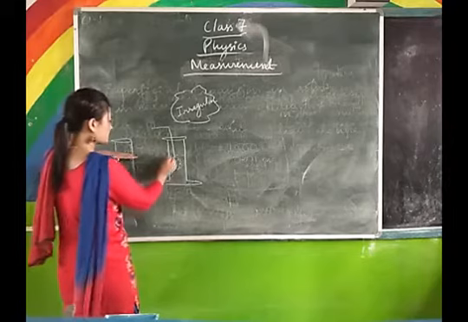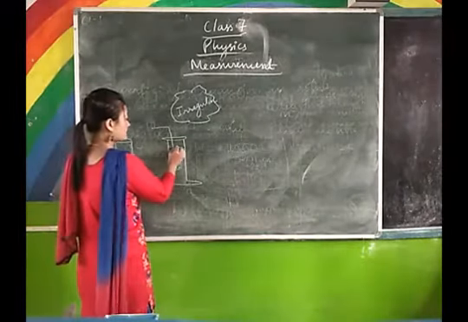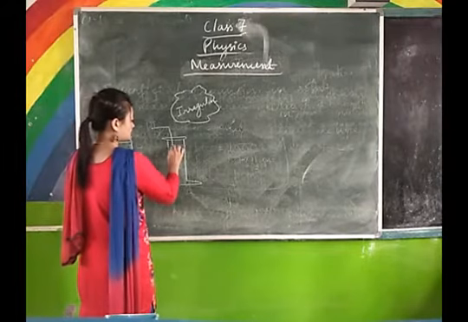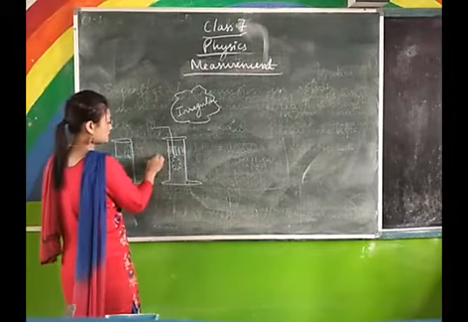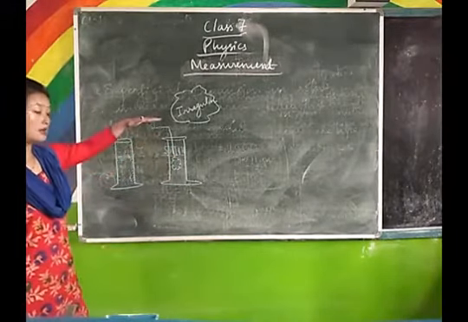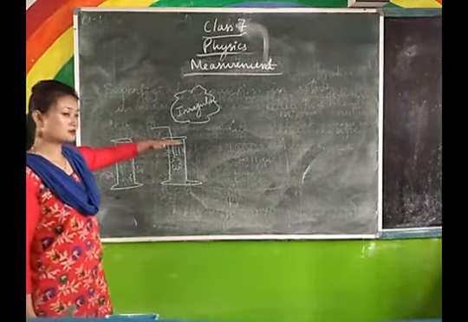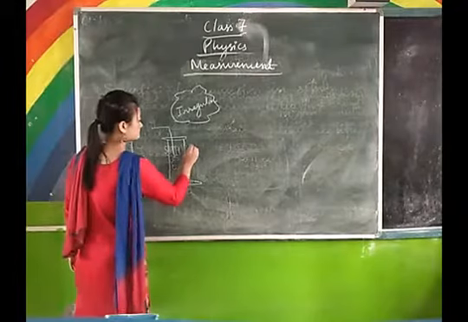Say it was here. Now the level of the water rises. It was here, see, this was still here. Now it has increased to a certain height. So you measure this. Say now it has become 18.